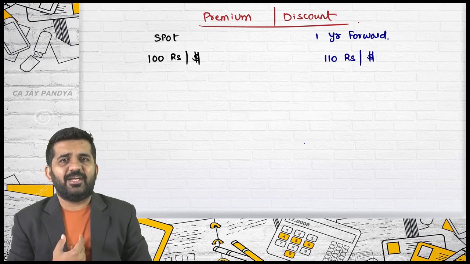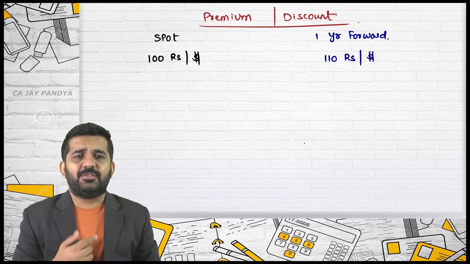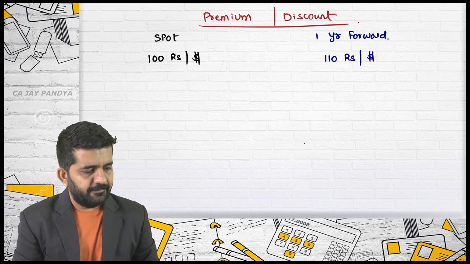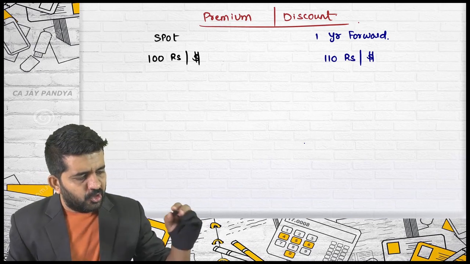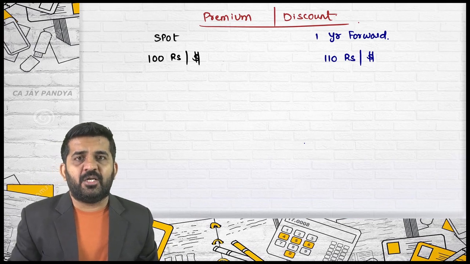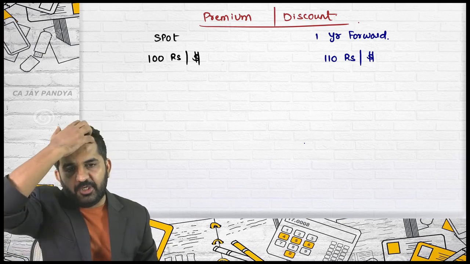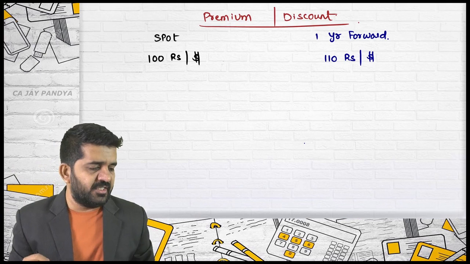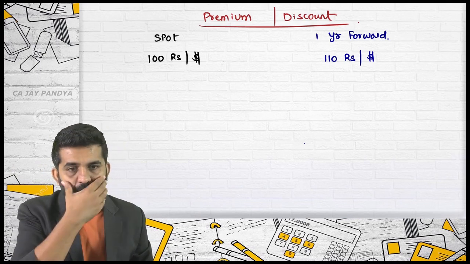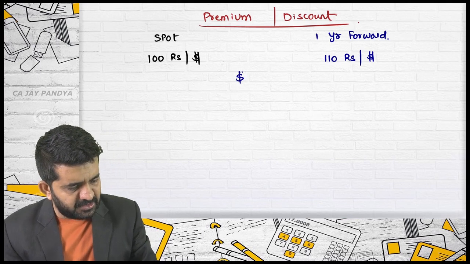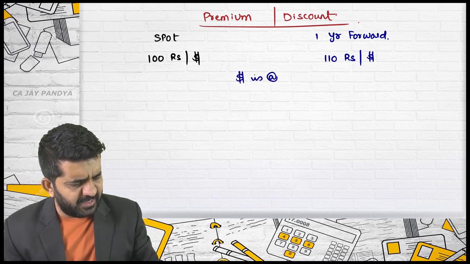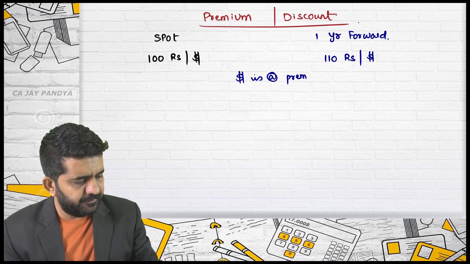So these are theoretical rates, not practical rates, but these are the rates available. Is it alright? Yes, Stuti, can you help me out? Dollar is at premium or dollar is at discount? You tell me, you need to tell me something about dollar. Dollar is at premium or dollar is at discount? It is at premium. Dollar is at premium. Is it right? Dollar is at premium.